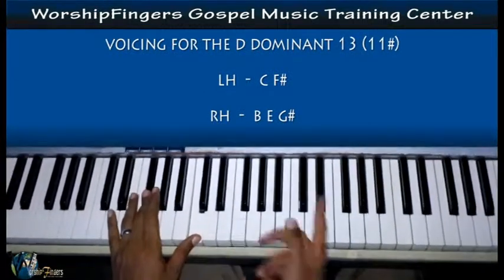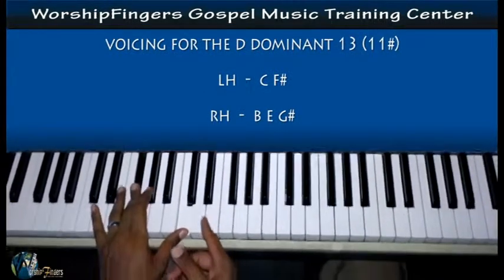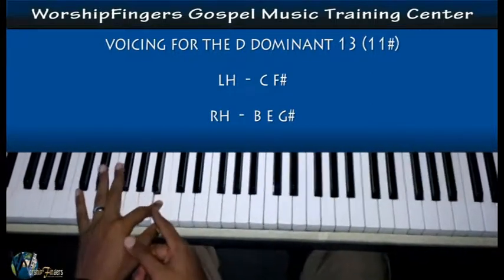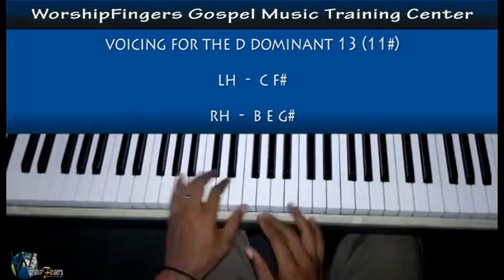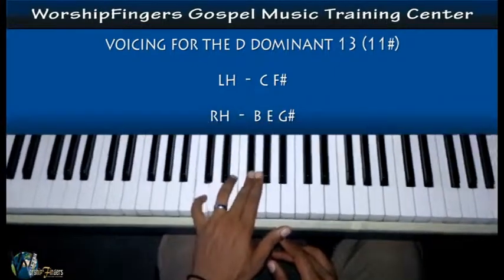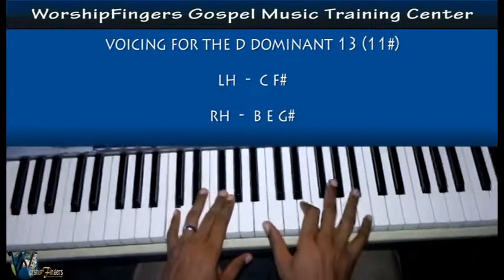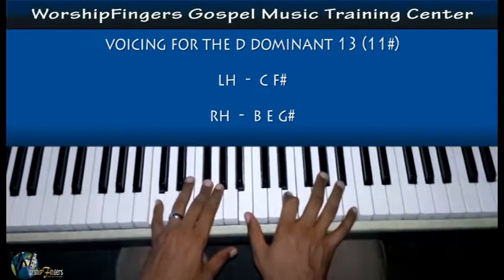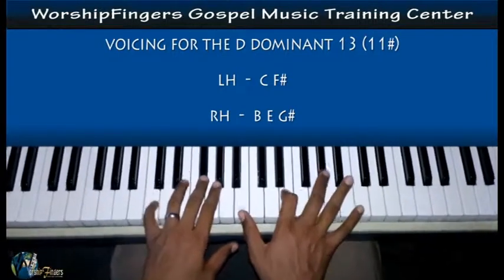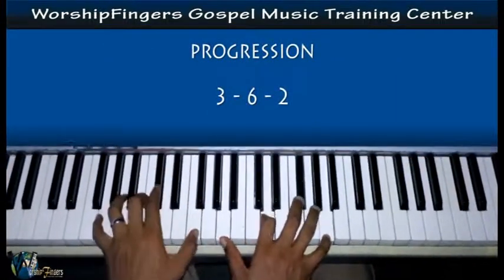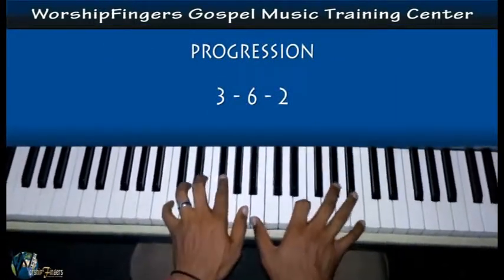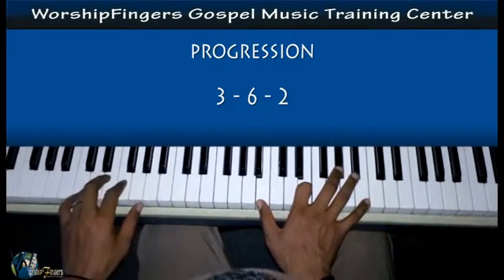Then we play the remaining part of that chord, which is the B, the E, and the G sharp. So the left hand plays the C and the right hand plays the major chord of the E. So we have this chord, then that chord for the 2.